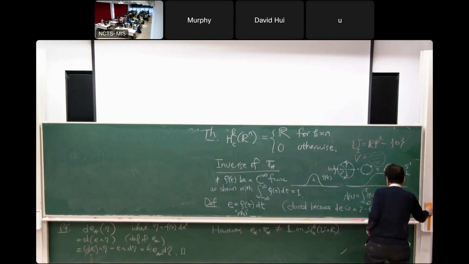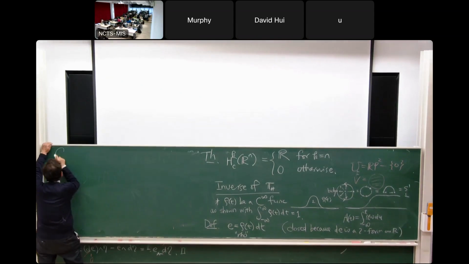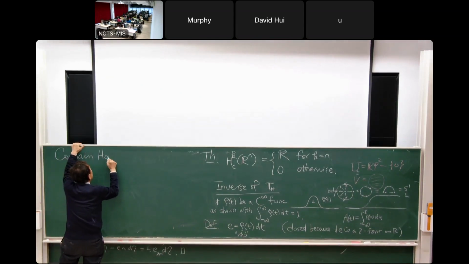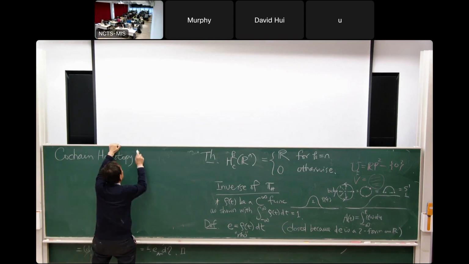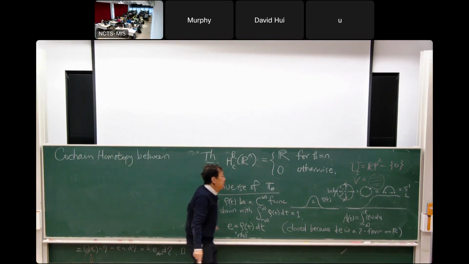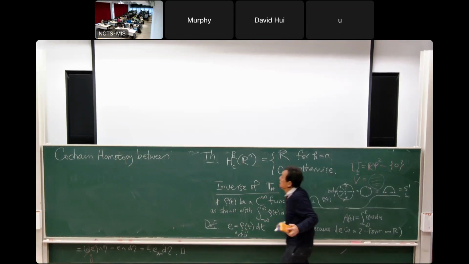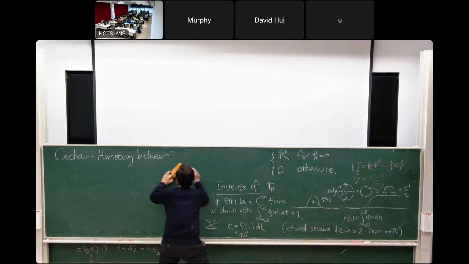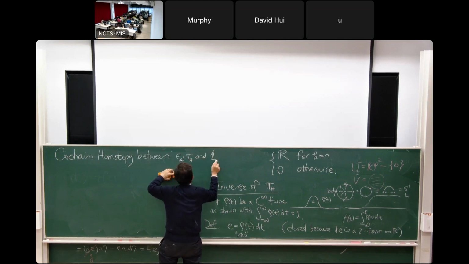So between E lower star pi lower star and the identity.